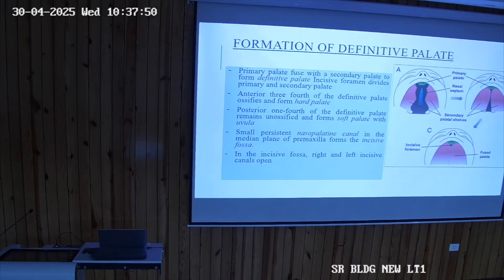Did you understand this much? Now the muscles of the soft palate, except one muscle, tensor veli palatini, all the muscles are derived from the, yes, very good, the 4th pharyngeal arches. Muscles of palate are derived from the 4th pharyngeal arch.